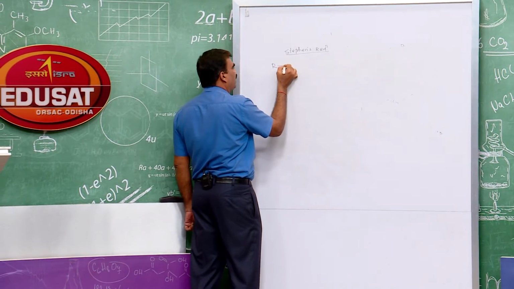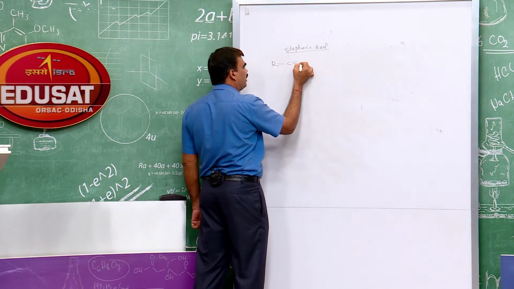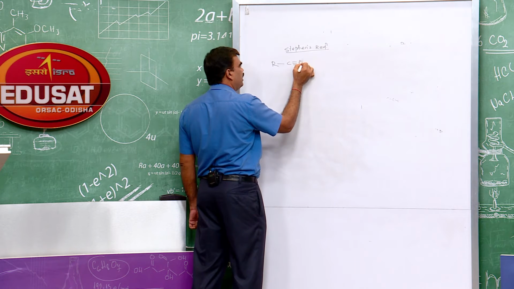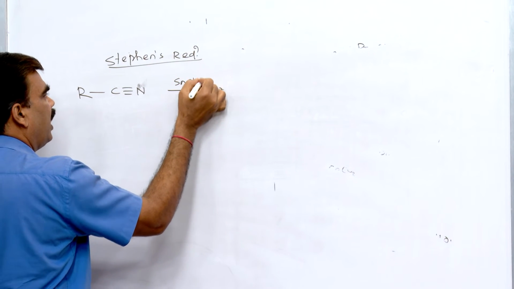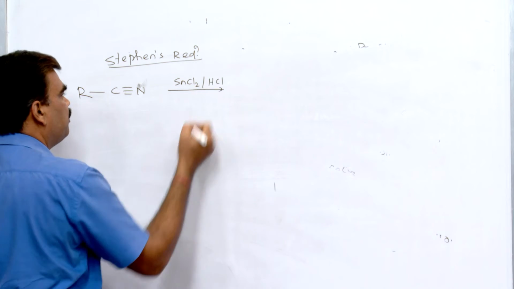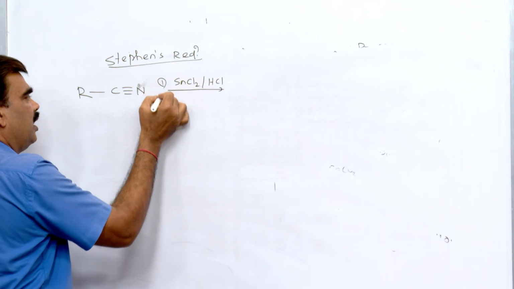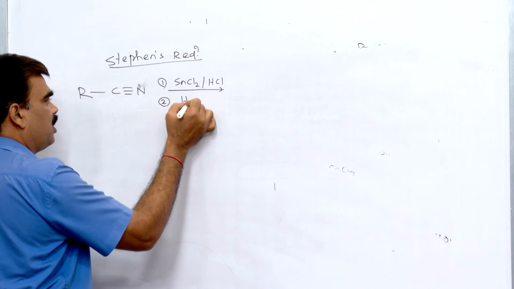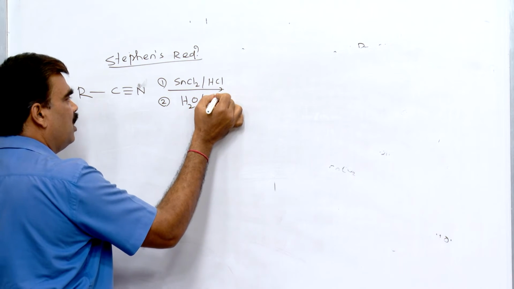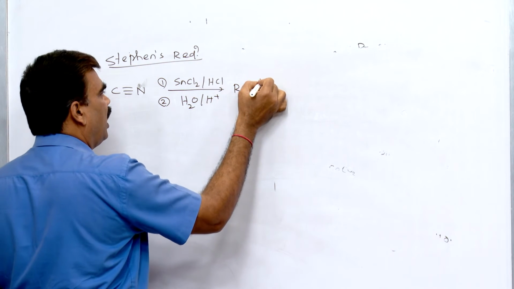When alkyl cyanide is partially reduced with stannous chloride and concentrated HCl, then the product is hydrolyzed in acidic condition. We get aldehyde.